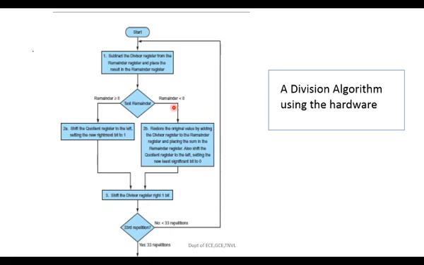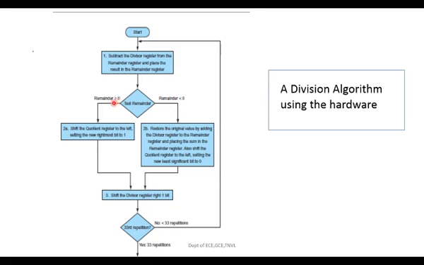Because unlike humans, computers cannot directly check by seeing whether one number is greater than another. We humans can directly interpret numbers and say this number is greater than that number, but computers can't do that directly. So it performs a set of operations, and that operation is checking the remainder, whether it is greater than or equal to 0 or less than 0.